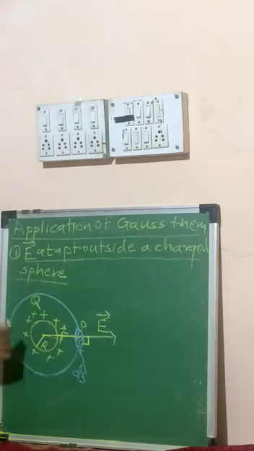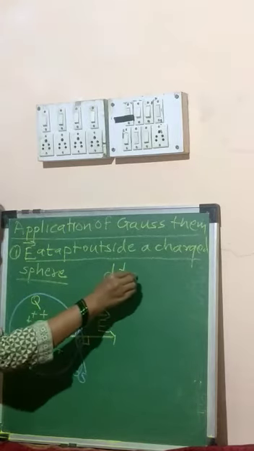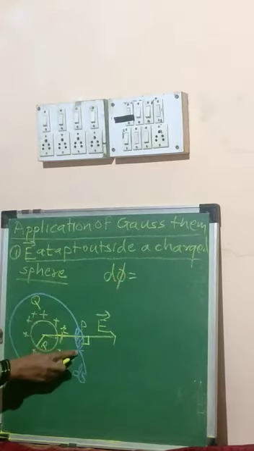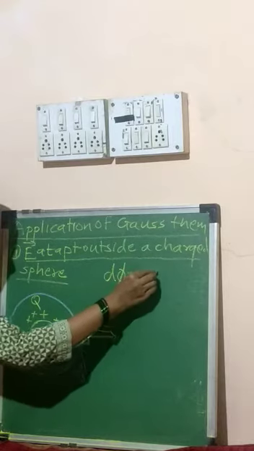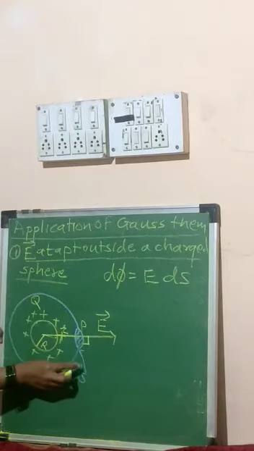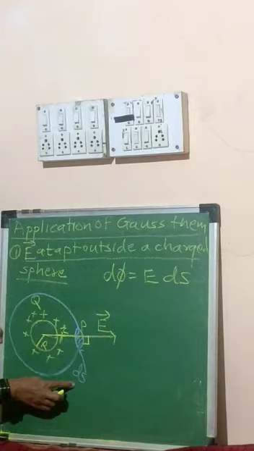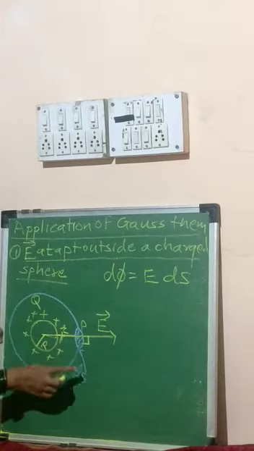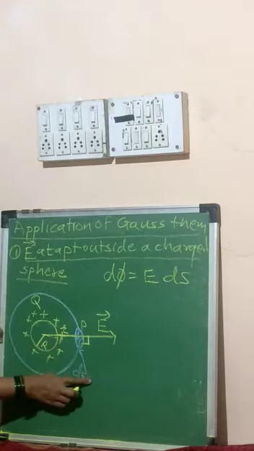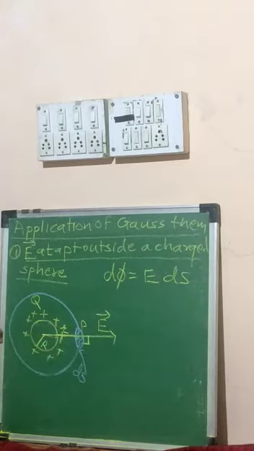And now therefore I can say that I can use the phi formula, that is small phi passing through the surface area ds, that I will write down as E ds. Why? Because intensity and ds, they are perpendicular to each other. Means the perpendicular component of ds and electric intensity, they are parallel to each other.